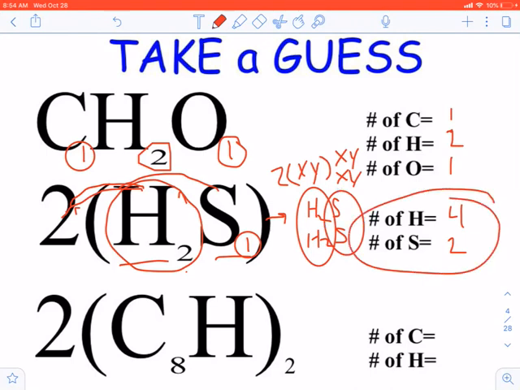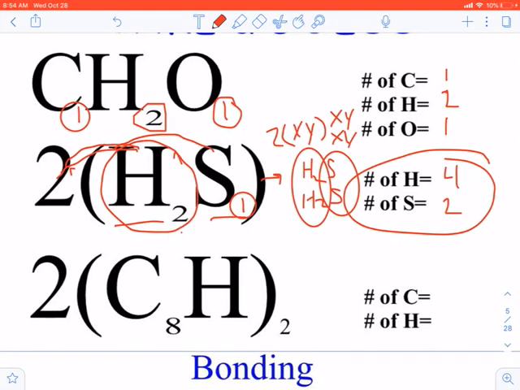Okay? This one might be the hardest one, but all this one is saying right here is that if we have a 2 or a superscript on the outside and we have a subscript down here at the bottom, what this is saying is this subscript, remember, there's a little invisible 1 here as well. This means that this 2 goes to here.